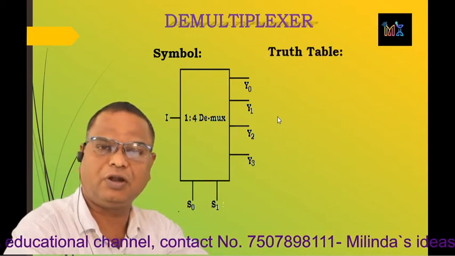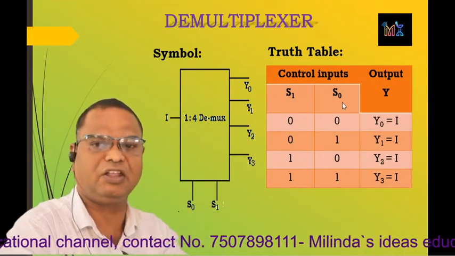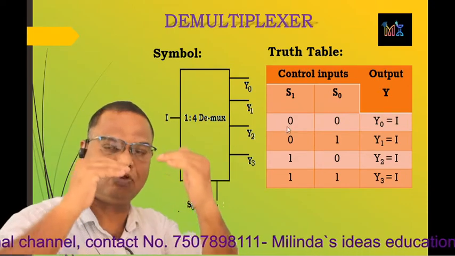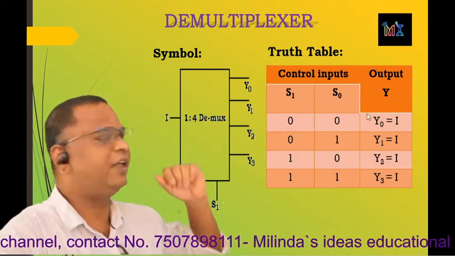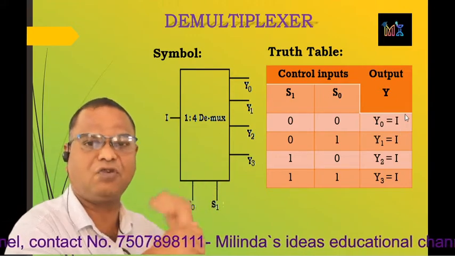The truth table: there are 2 control inputs, that is S1 and S0, and output. When control inputs S1 and S0 both are low, Y0 is equal to I, or it is D for data, I for input signal.